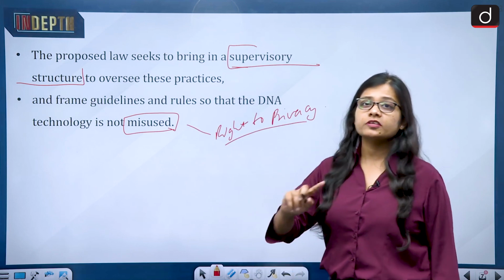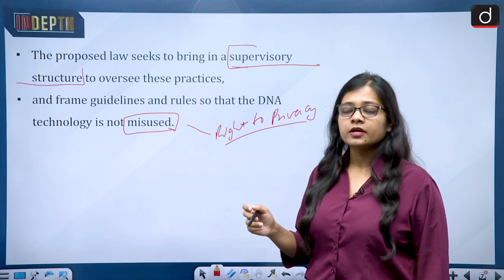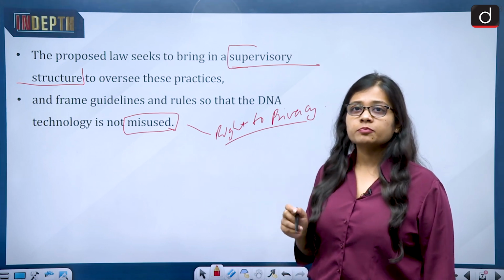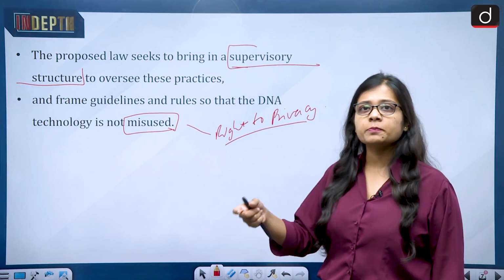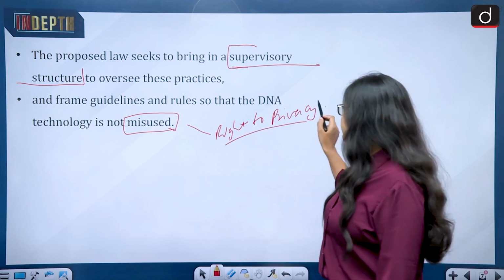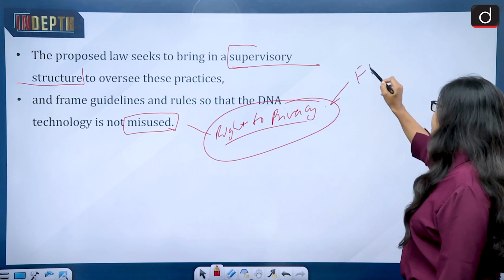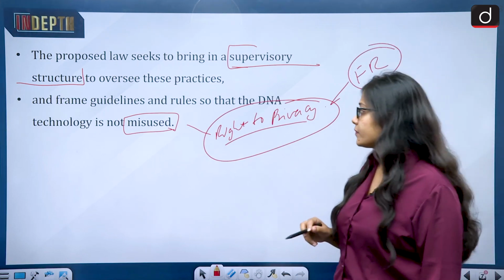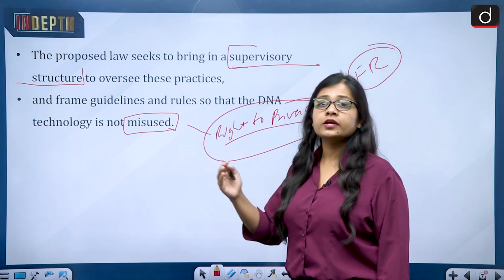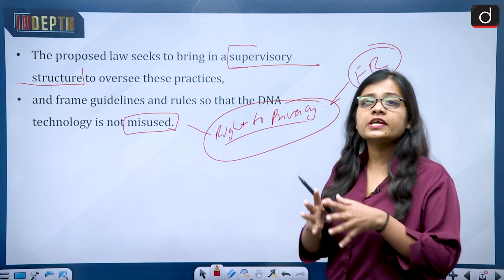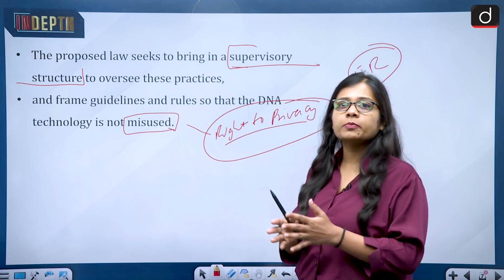That right to privacy is a fundamental right, and if misuse of human DNA takes place, then many characters of the person and much of the information of the human being would be revealed, and this will lead to the violation of the right to privacy, which is a fundamental right. So guidelines need to be framed on how this would be used, how effectively and efficiently it can be used, and how the misuse of DNA would be prevented.